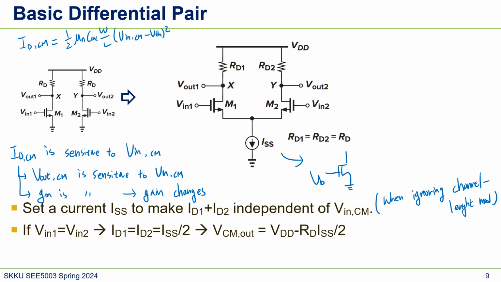Here's ID1 and here's ID2. So V out Cm is VDD minus RD, assuming RD1 and RD2 are both RD, times ISS over 2. Again, this value is a large signal current. So now V out Cm is independent of V in Cm.